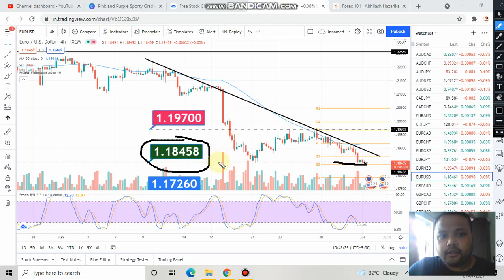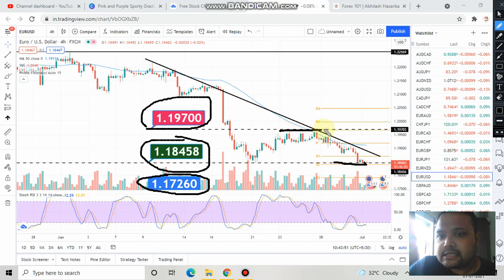On the other hand, we have one more level mentioned here, 1.1726. This level belongs to the weekly chart that I'll be showing you. And we had one more important level, 1.1970. This was the resistance for the market, or this is still the resistance for the market. This is resistance 2.